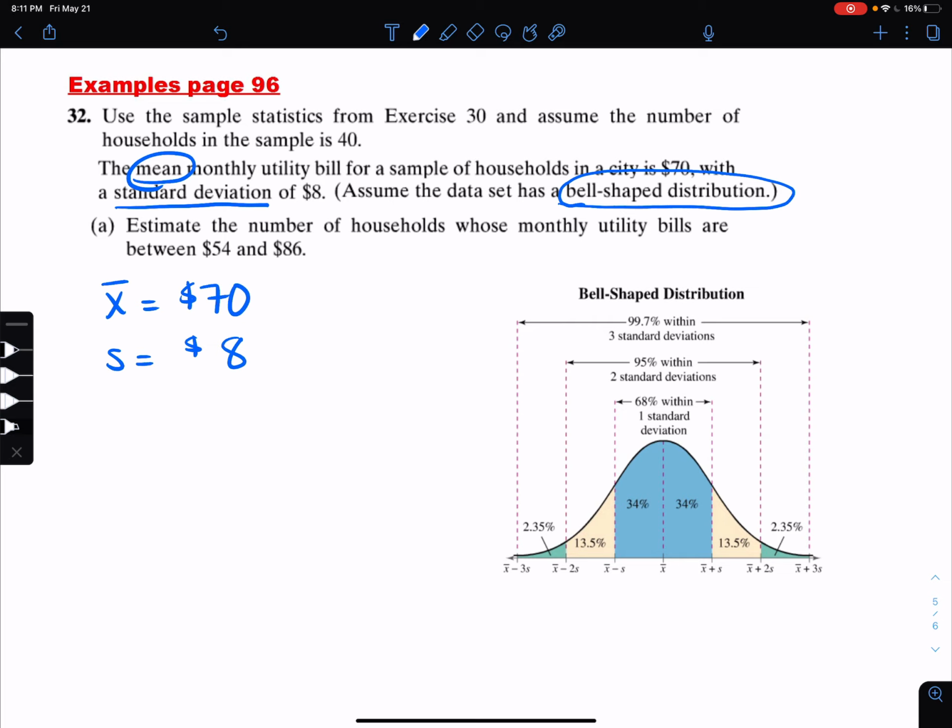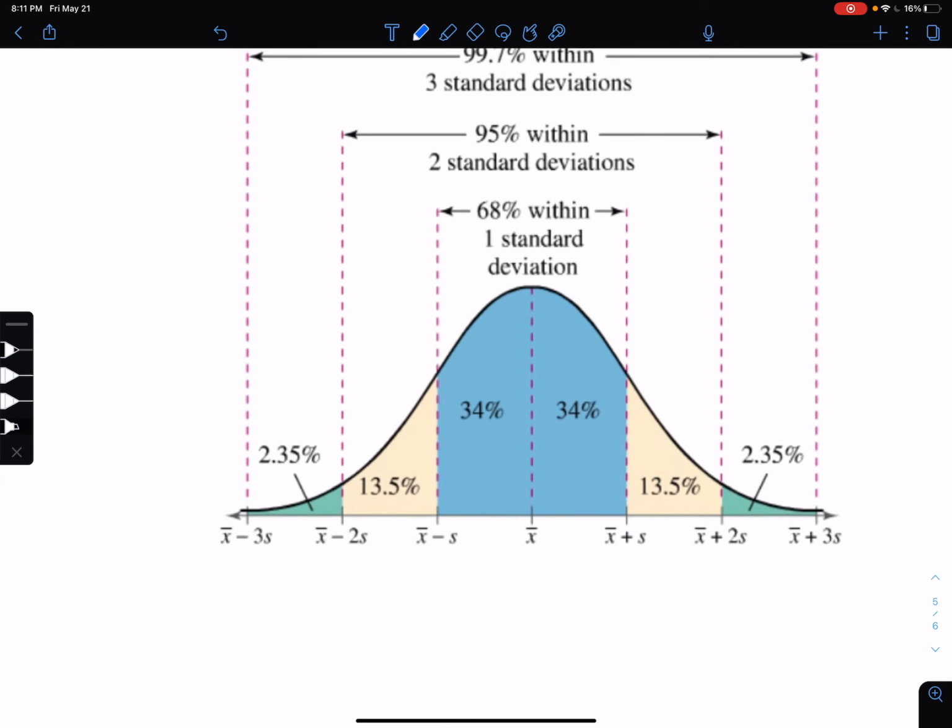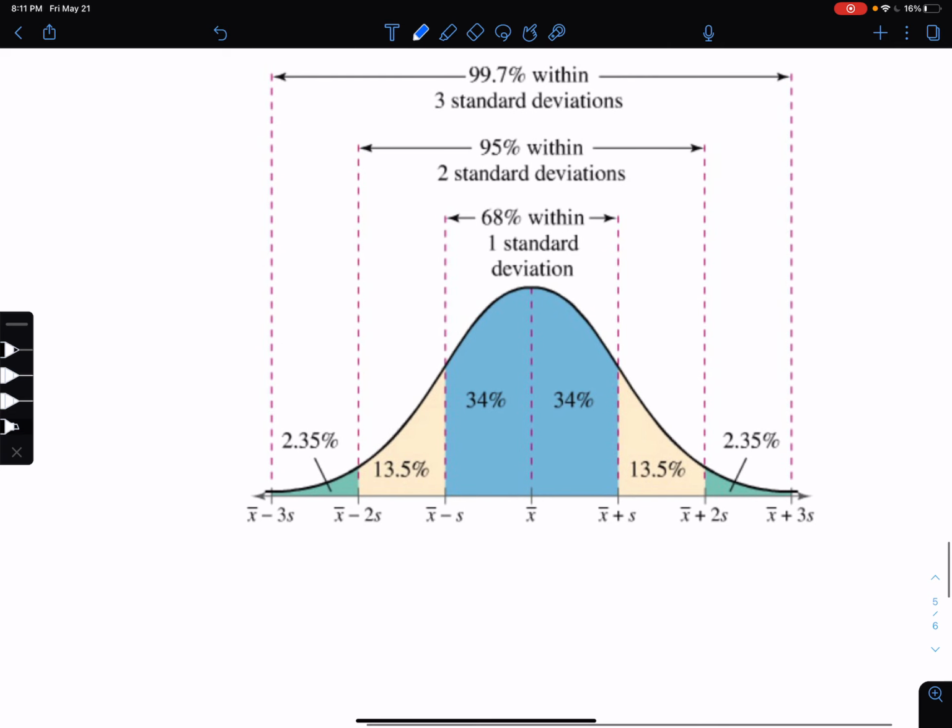And when I use the empirical rule, what I'm going to do is look at intervals that are based on the mean and the standard deviation. Okay, so the mean is always the center. All right, the mean for this data set was $70. So I'm going to place that right here at the center. And then I'm going to move away from that mean by my standard deviation. Okay, standard deviation here is 8. So if I go up 1 standard deviation, I'm going to be at 78.